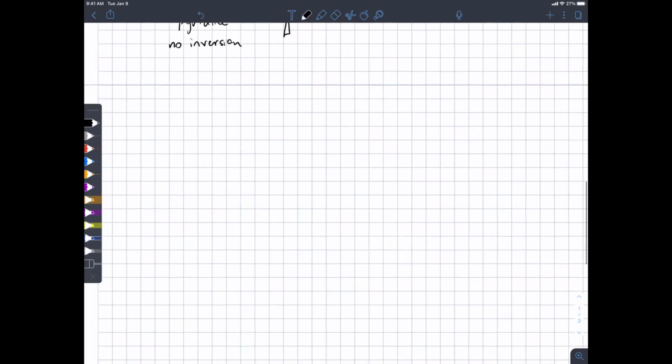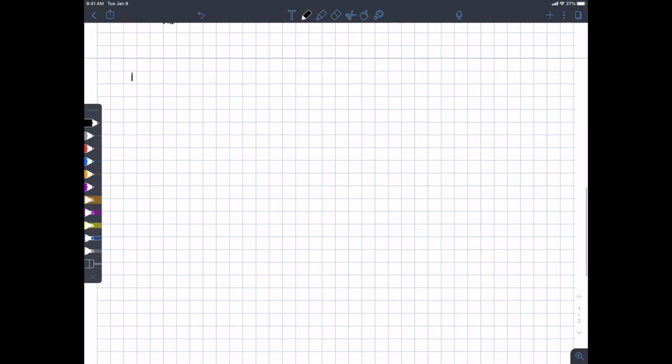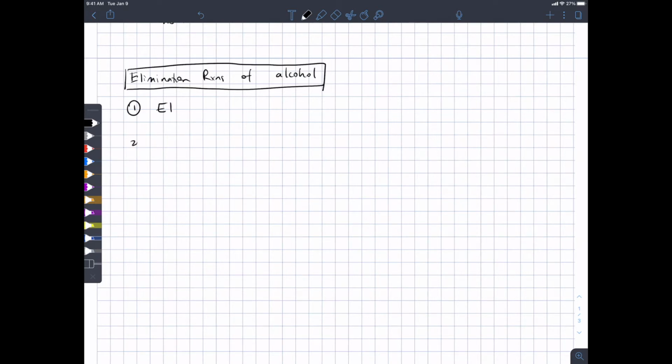So now we're going to talk about elimination reactions of alcohols. And again, the strategy is going to be convert OH into a good leaving group and then do elimination. We're going to have two basic strategies. One's going to be an E1 type pathway and the other is going to be E2.